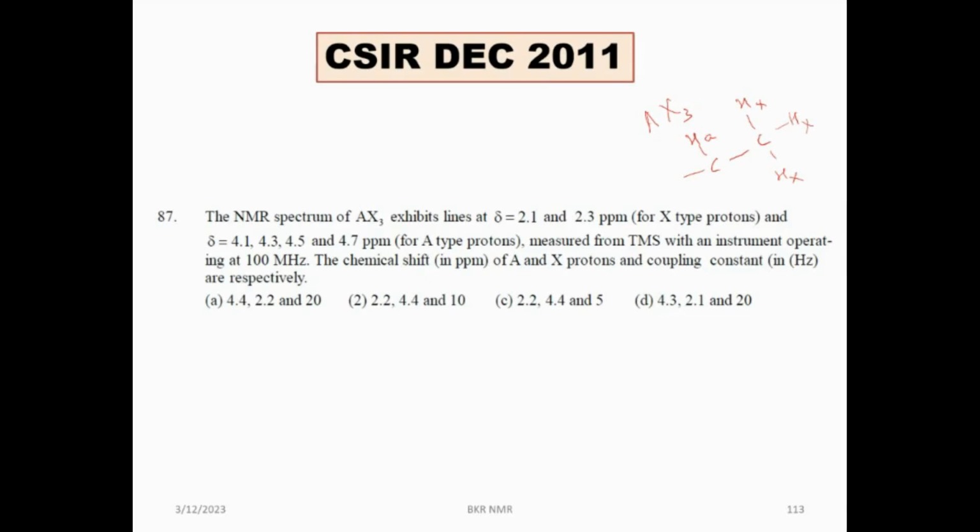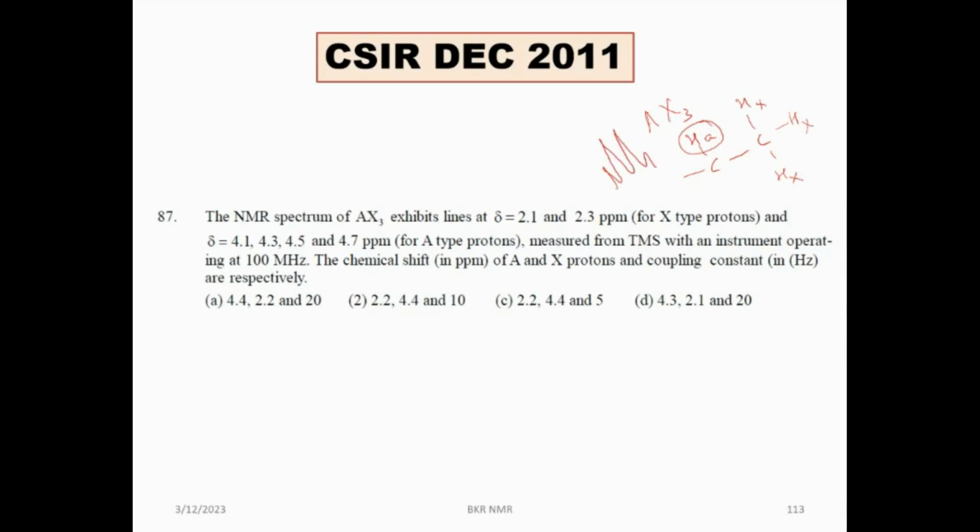But இது AX3 system. So AX3 systemல A பக்கத்துல எத்தனை protons இருக்கு? How many protons near A? A has 3 neighboring protons. So what will be the splitting pattern of A? A எப்படி split ஆகும்? Quartet. Okay, so A will be split as a quartet.